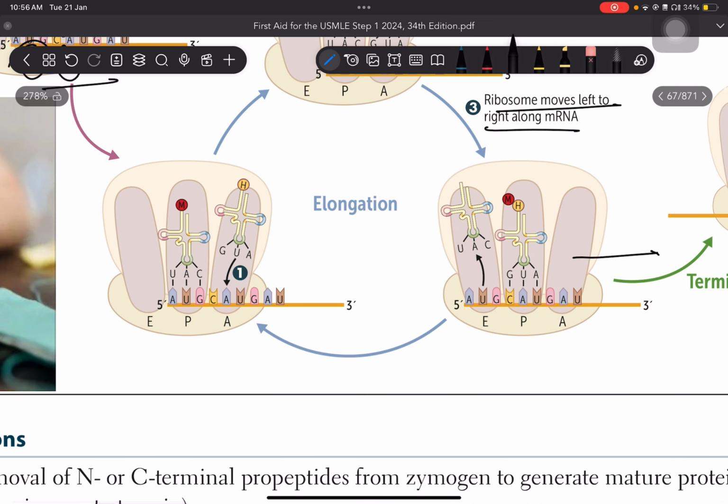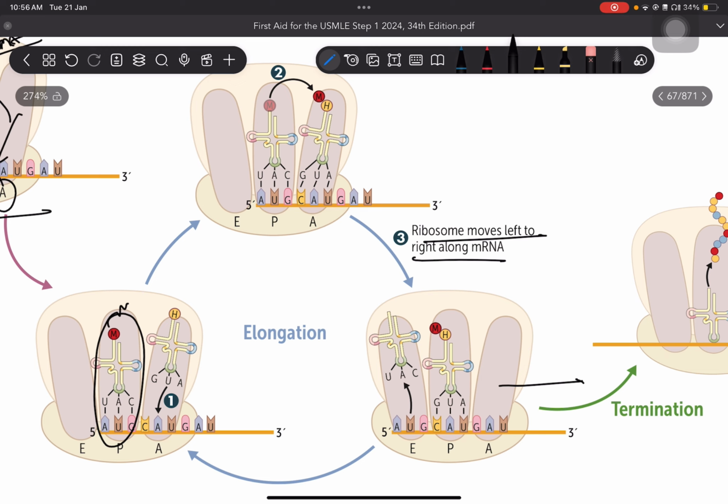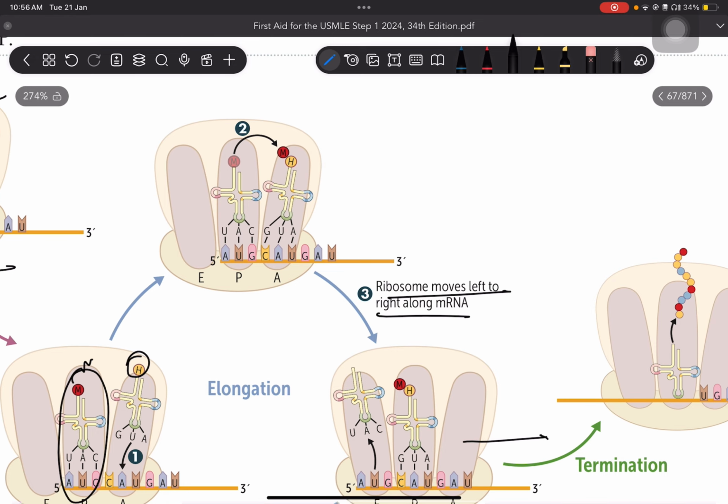Let me recap all these steps. First, a newly formed tRNA comes and attaches to your A site. Already you have one methionine-carrying tRNA at your P site. Once the elongation process initiates, the amino acid is transferred from the P site to the A site.